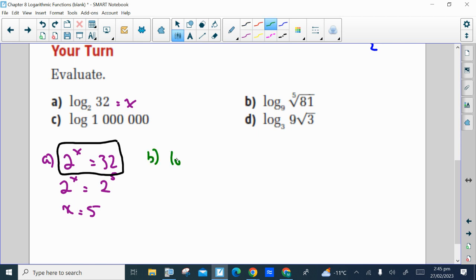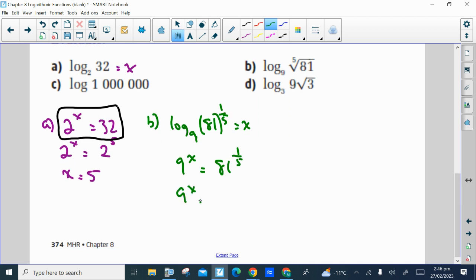Question B, log base 9 of the 5th root of 81, which is 81 to the 1/5. We want to know what that equals. So let's let it equal x. If you write that in exponential form, it'll be 9 to the power x equals 81 to the power 1/5. Start with the base and cycle through. We can make both of these have the same base of 9. 81 is 9 squared.